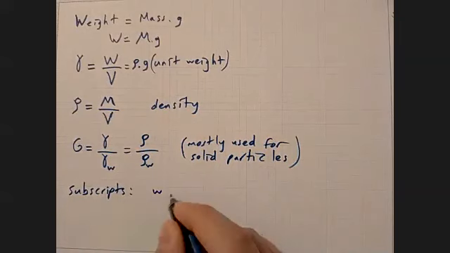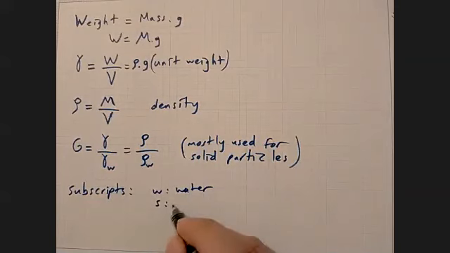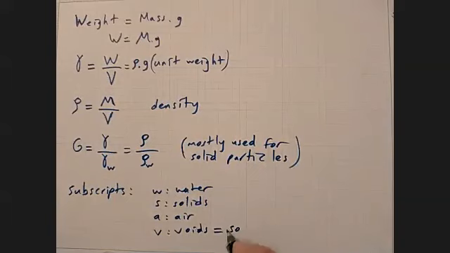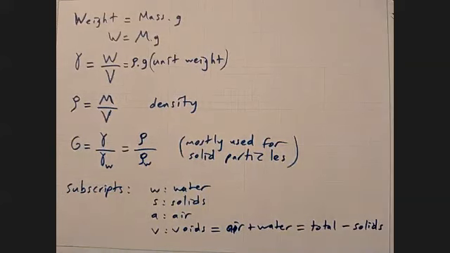I'm going to be using little w for water phase, little s for solids, little a for air, v for voids, which is air plus water, or total soil minus solids. And then I'm going to use T for total soil.